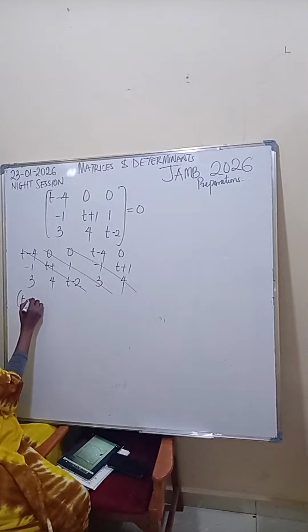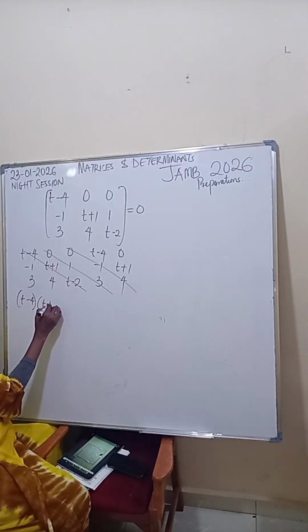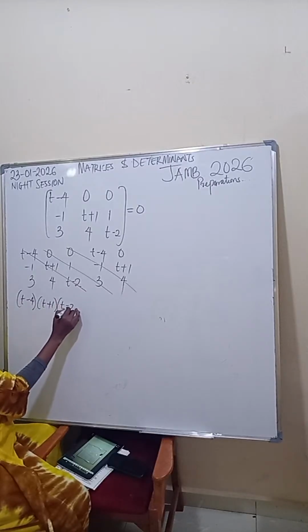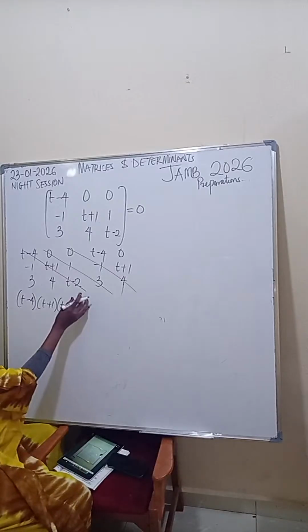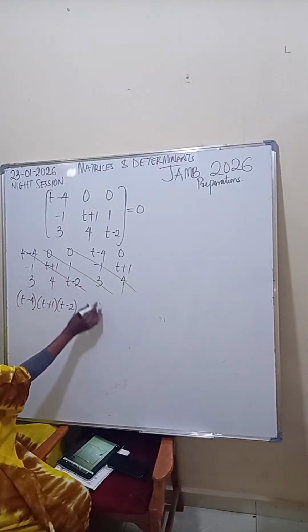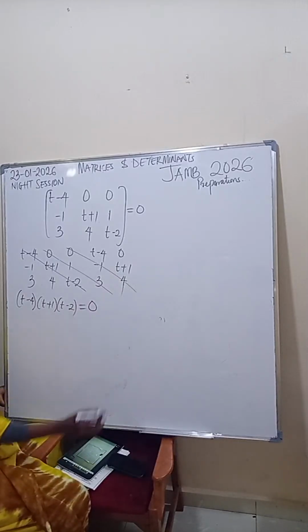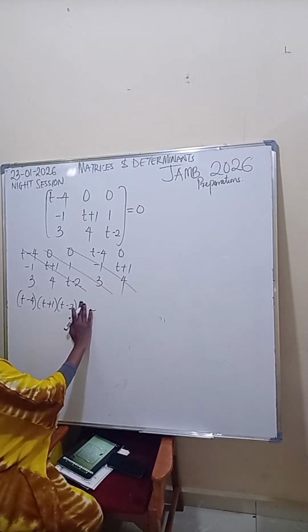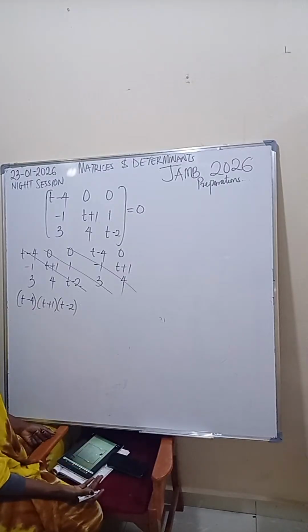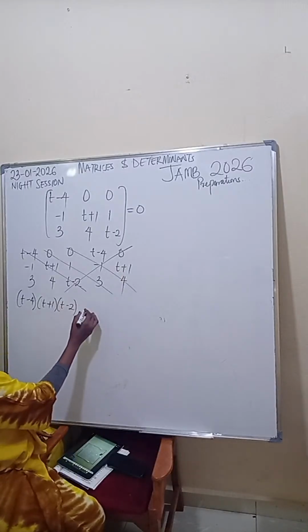So we have t minus 4, t plus 1, t minus 2, right? Then, Mr. Marcos, should I just leave this to be 0? This is 0 already. So there are zeros. Okay, I get it.